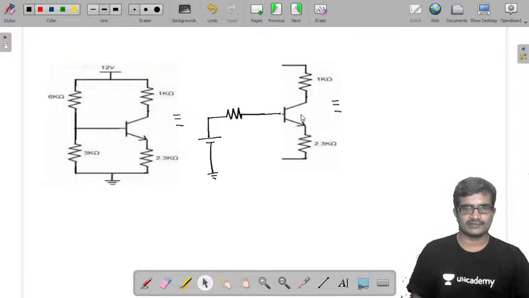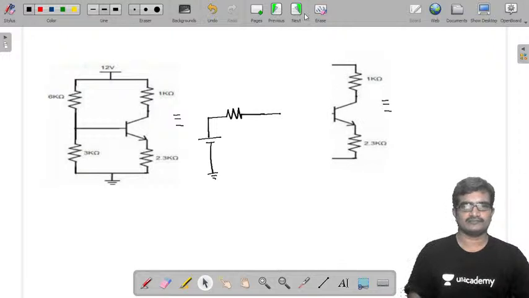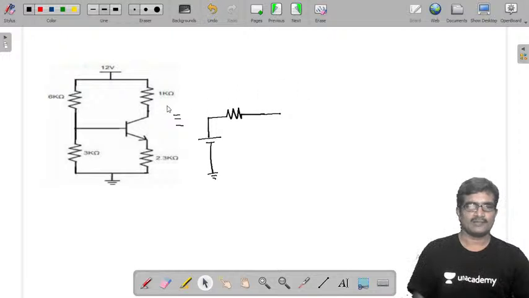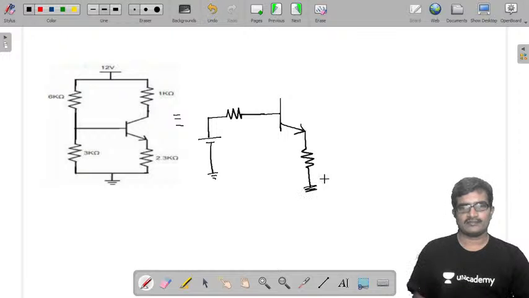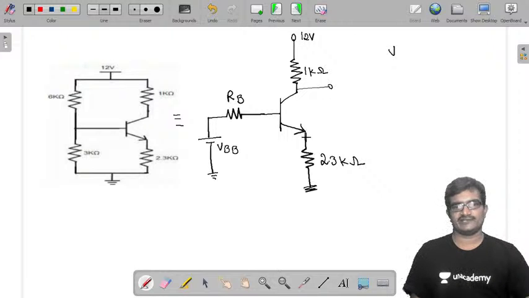Now this is the circuit: 12 volts, 1 kilo ohm, 2.3 kilo ohms, RB, VBB, and VCE.